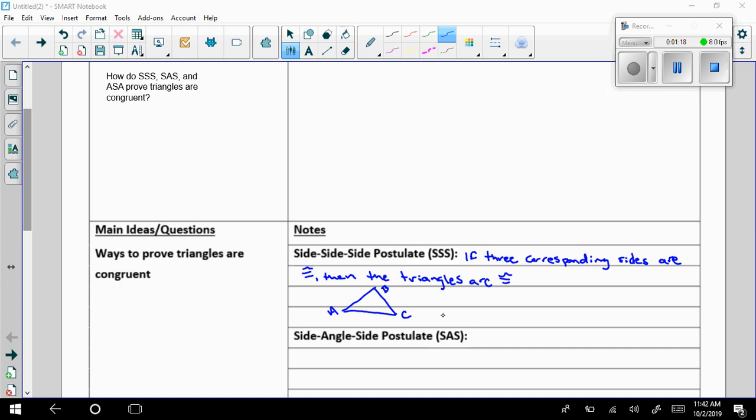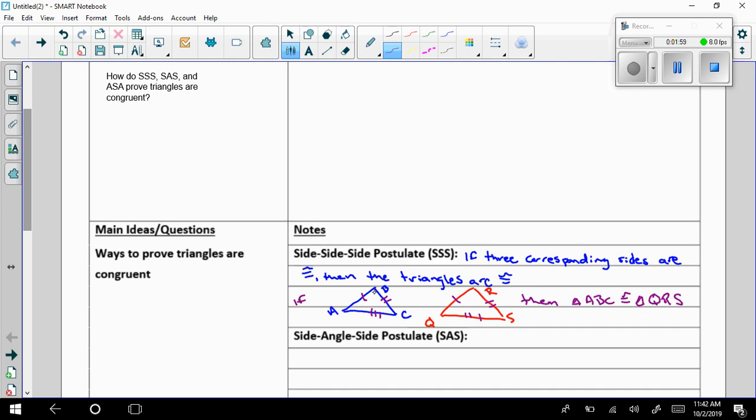So say we have triangle ABC, and then we have triangle QRS, and AB is marked congruent to QR, BC is marked congruent to RS, AC is marked congruent to QS, then we have enough information to state that triangle ABC is congruent to triangle QRS.